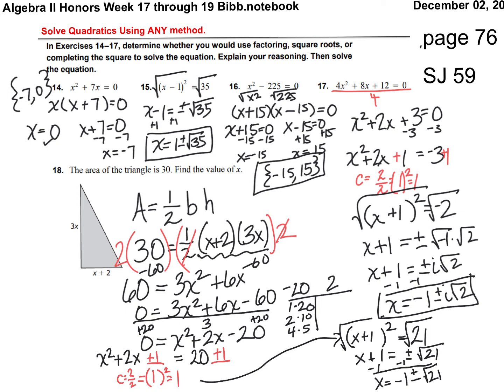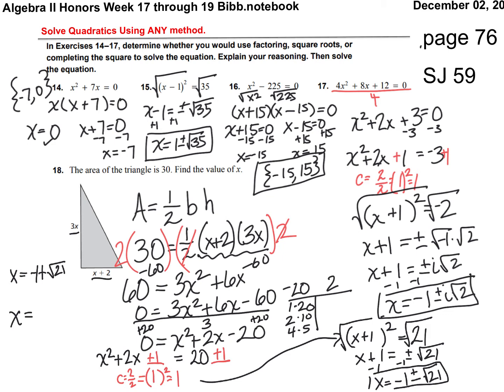Now I would leave it this way. And actually, no, I wouldn't. I'm going to go over here on the far left and see which one of those I need to toss out, because both of these sides need to be a positive number. If either of those give me a negative number, then I've got to toss it out. So I'm going to put x equals negative 1 plus the square root of 21. I think they'll both give me a positive, but no, they won't.